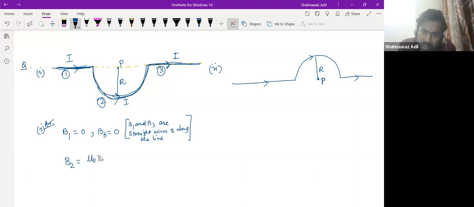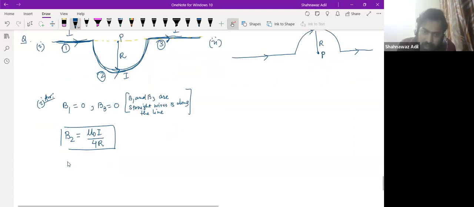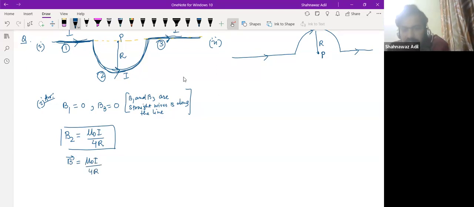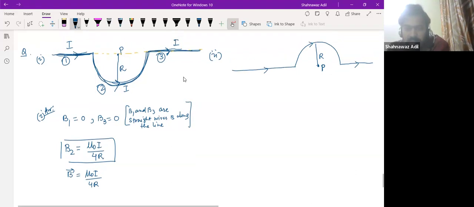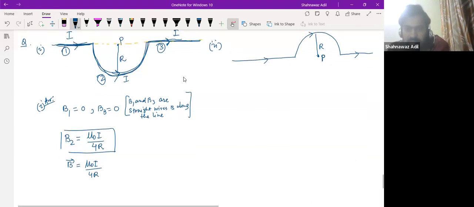Not I by 4, this is the magnitude. What would be the direction? Sir, direction would be along the wire.